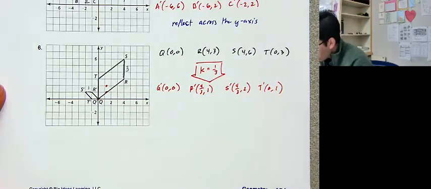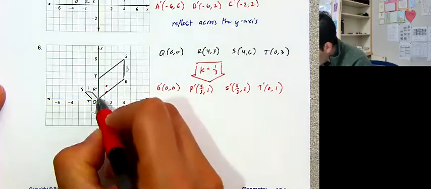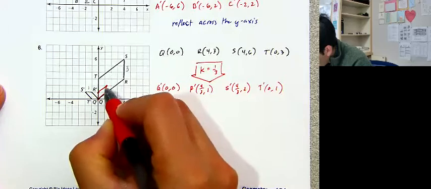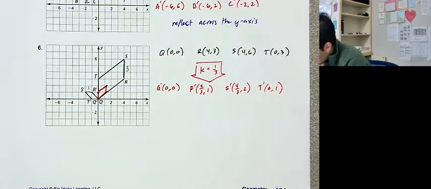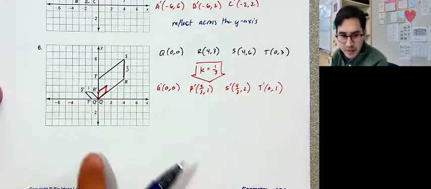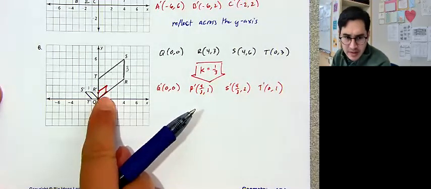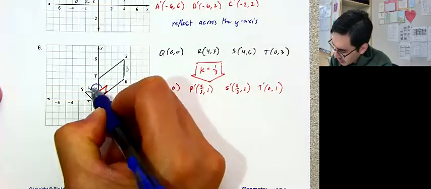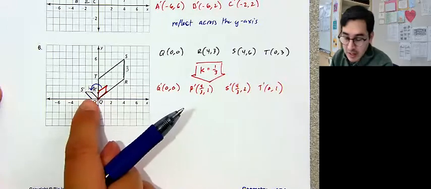And then 0, 1. At this point, it looks like it's the right size, but I think what we need to do now is rotate it to make it match up here.